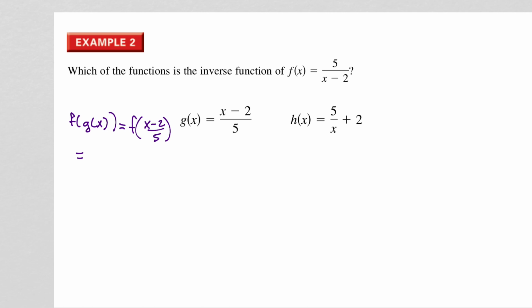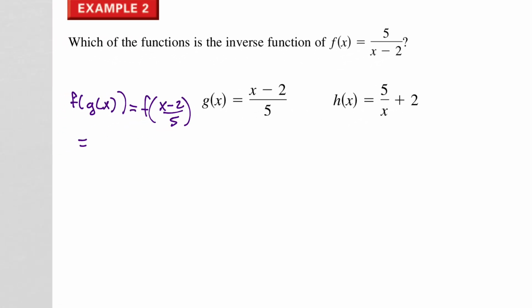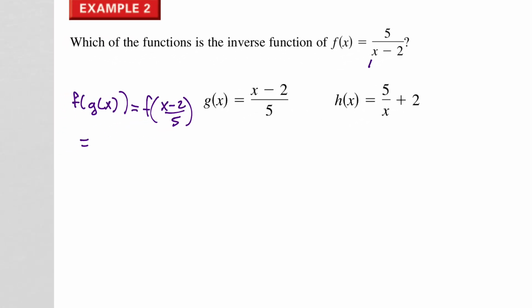All right, so I'm going into my function f. I'm replacing this x with (x minus 2) over 5. So that's going to be 5 over (x minus 2) over 5, minus 2. All right, well, this is a big mess.